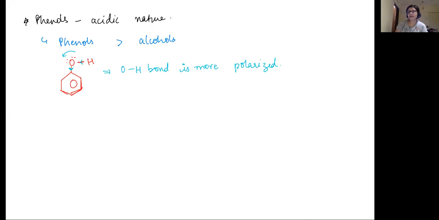Another piece of practical evidence for phenols being more acidic is the reactions that they undergo. Phenols also undergo the reaction with metals. You take phenol plus Na, which gives, just like alcohols, displacement of hydrogen. You get this, balance it.